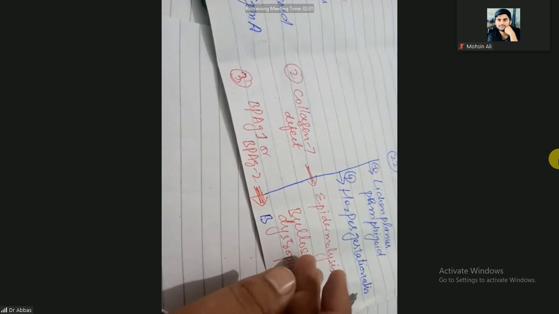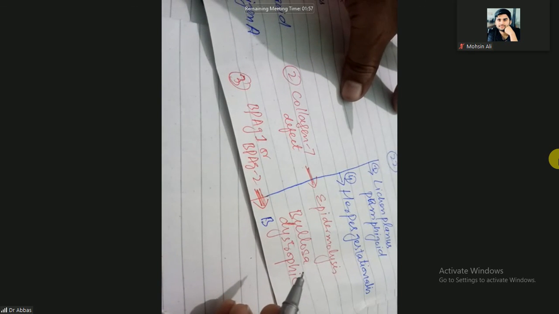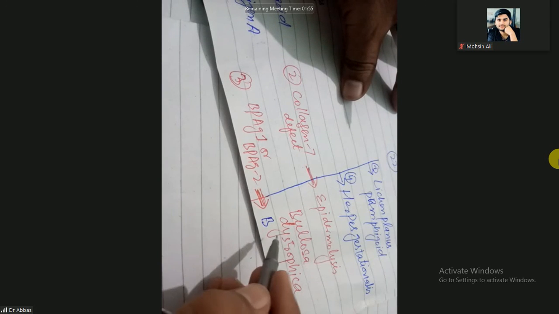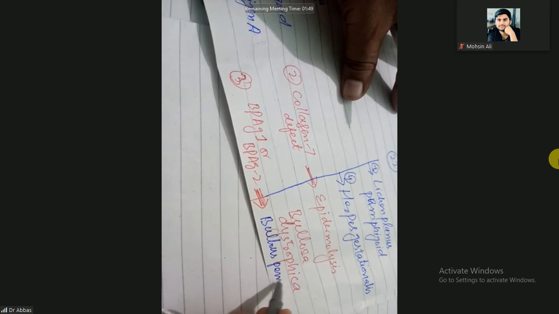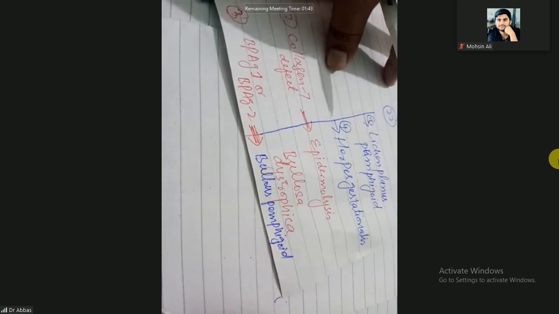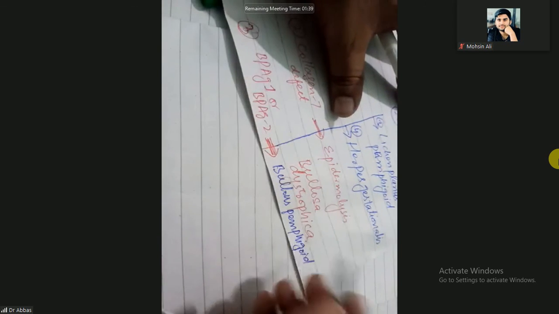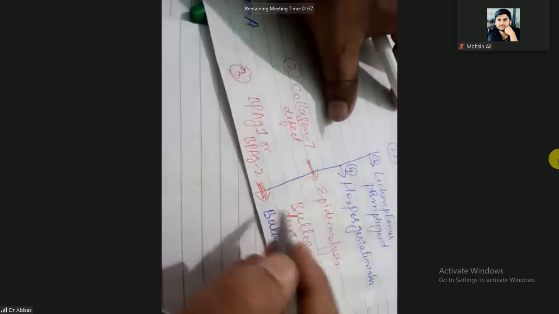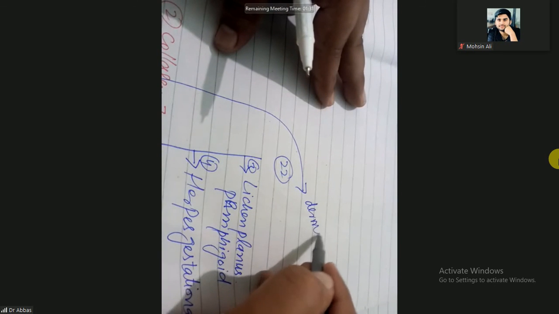The other disease is dermatitis herpetiformis, which I am going to write above.